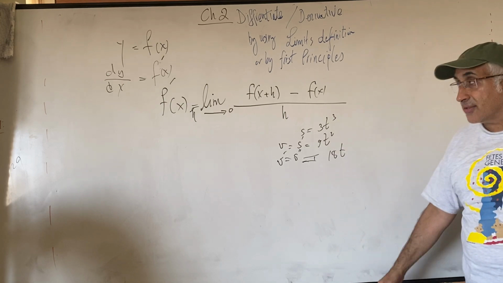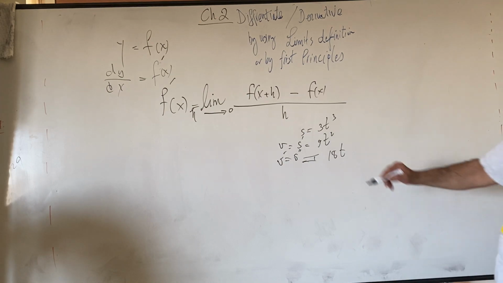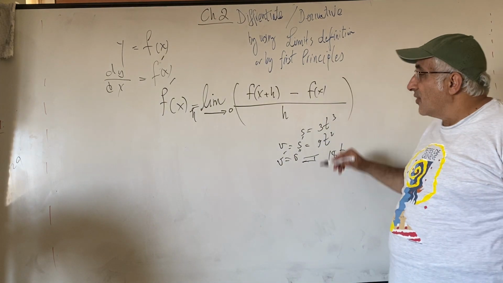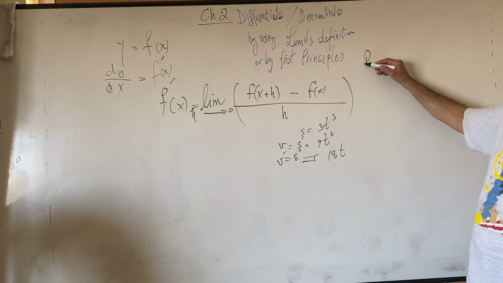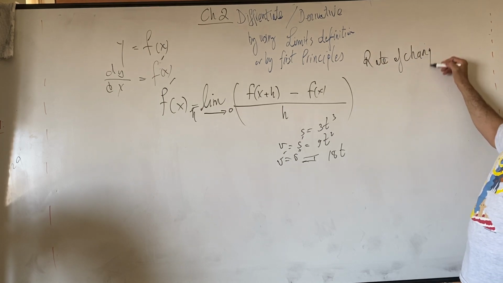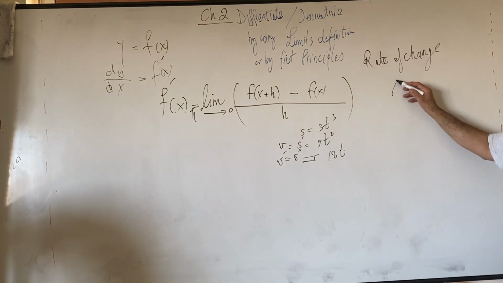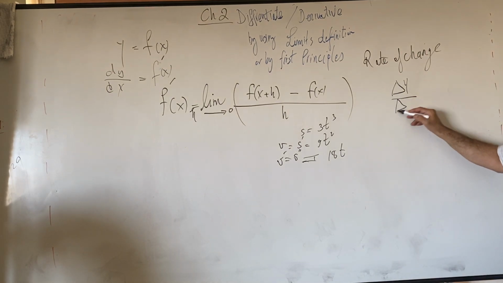These are called derivatives. Derivatives are so helpful. They can find for us lots of good things in engineering. That's why we have another word for it, called rate of change. Whenever we say rate of change in engineering and physics courses, it's the change in y over the change in x.